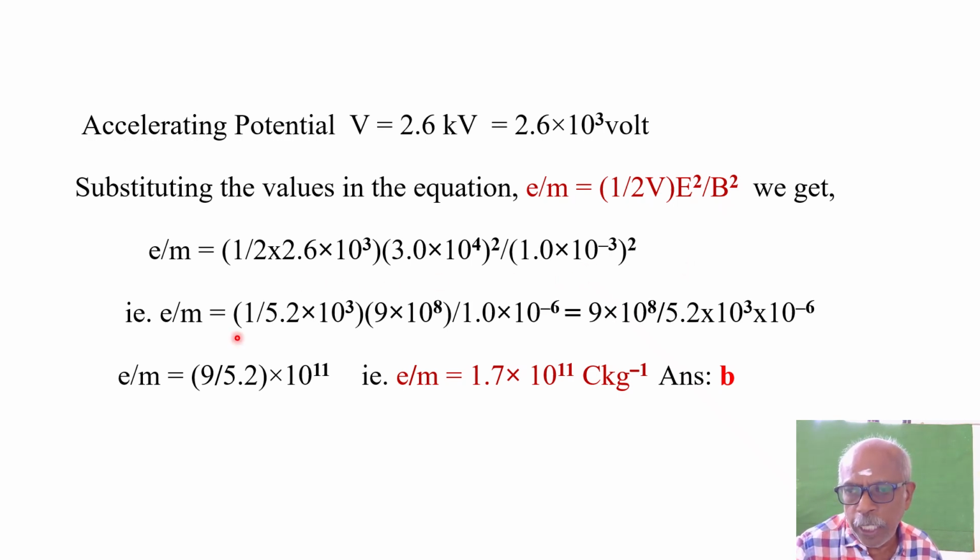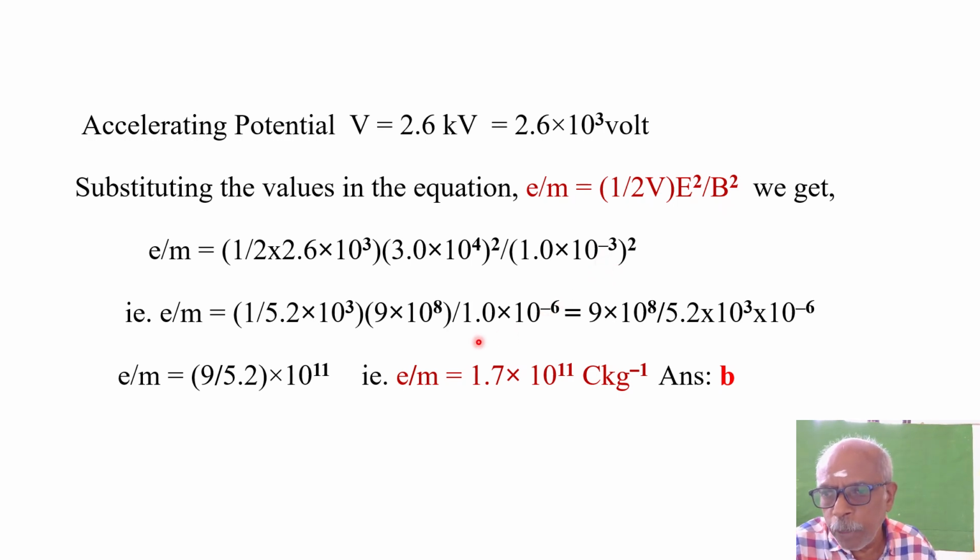So it is equal to 1 by, what is 2 into 2.6? 5.2, 5.2 × 10^3, into what is 3 squared? 9. 10^4 squared becomes 10^8. And 10^-3 squared becomes 10^-6.